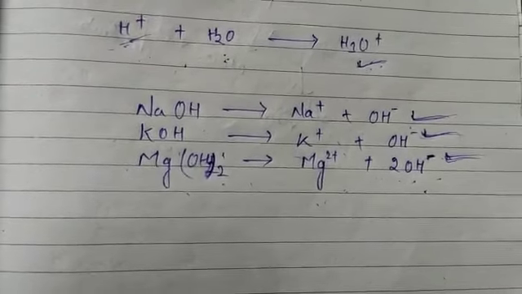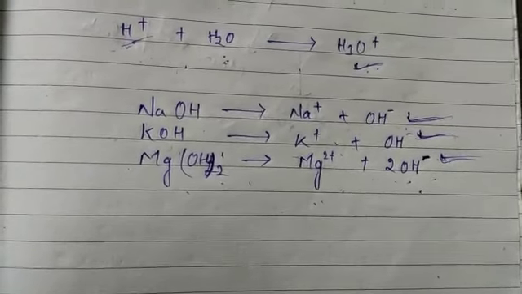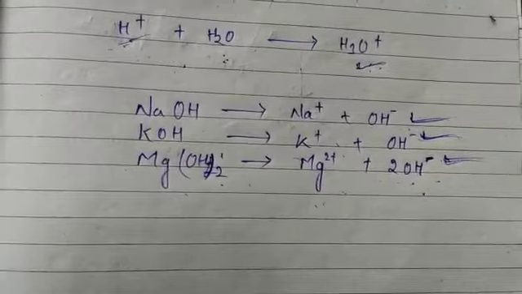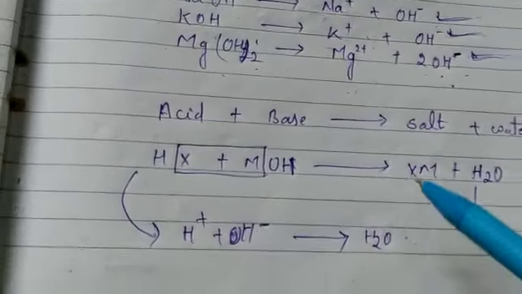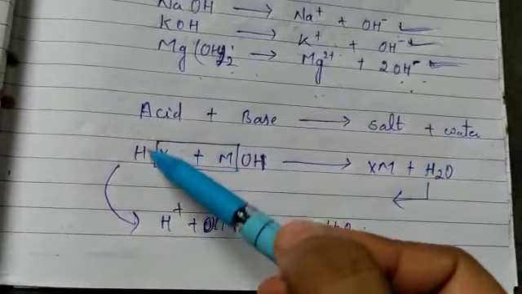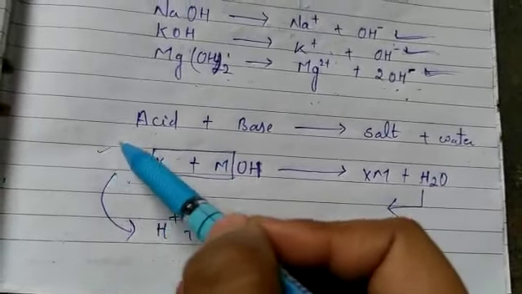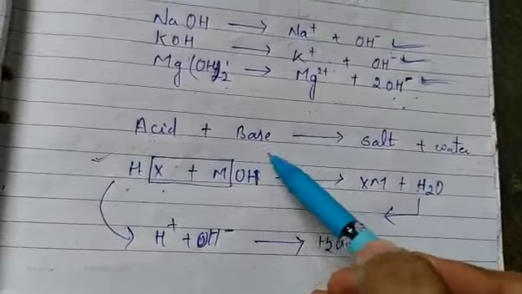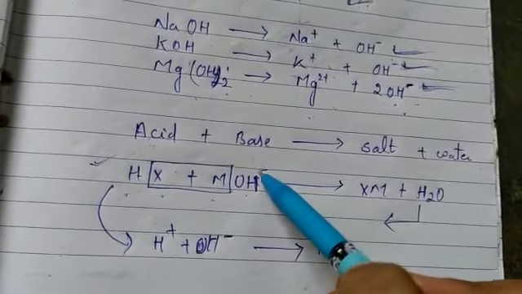So now very easily you can explain the neutralization reaction. We know the neutralization reaction as acid plus base gives salt and water. Suppose we take acid HX, because acids give H plus ion, and base MOH, because bases give OH minus ion.